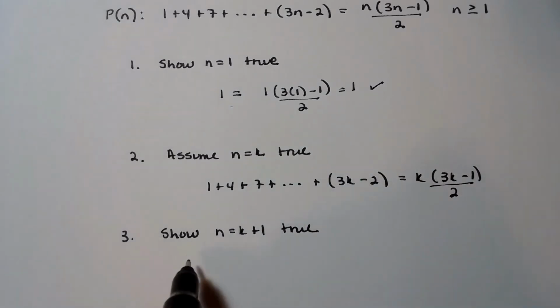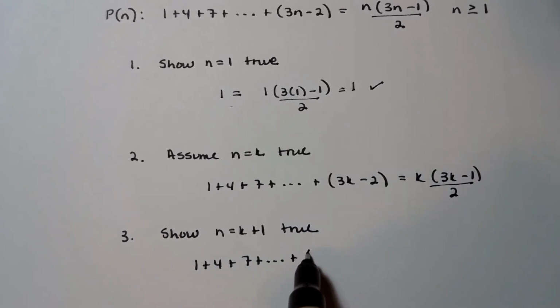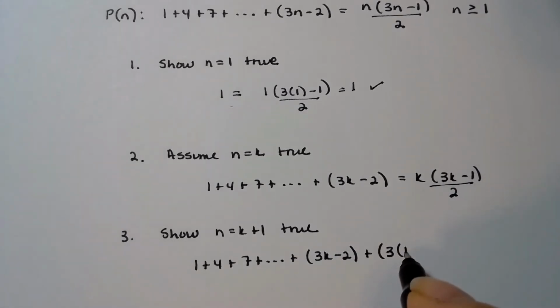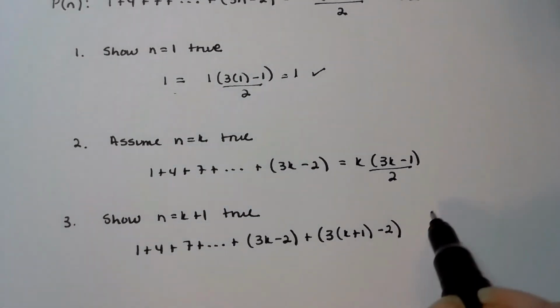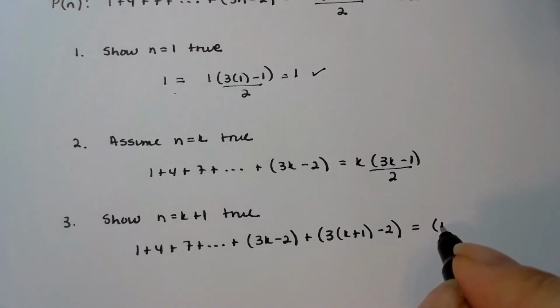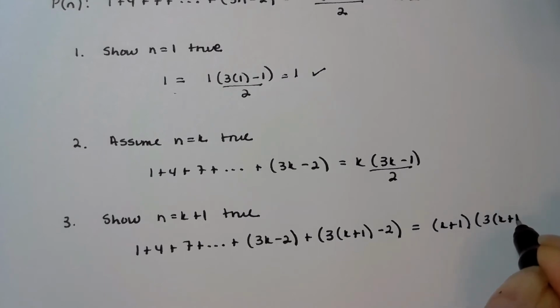I'm going to do that by writing out the statement and adding the k plus 1 term to it on the left, and then also adding the k plus 1 on the right. So k plus 1 times 3 times k plus 1 minus 1 over 2.